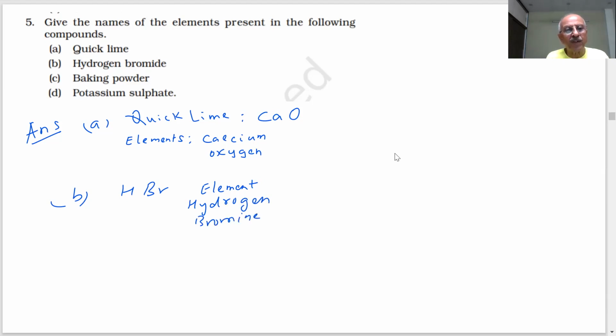Okay, next question, students. Baking powder. What does baking powder contain, students? It contains NaHCO3, or baking soda. What are the elements?